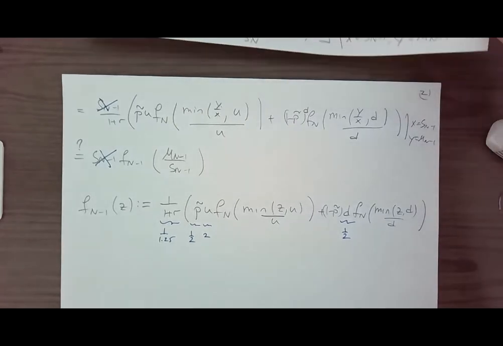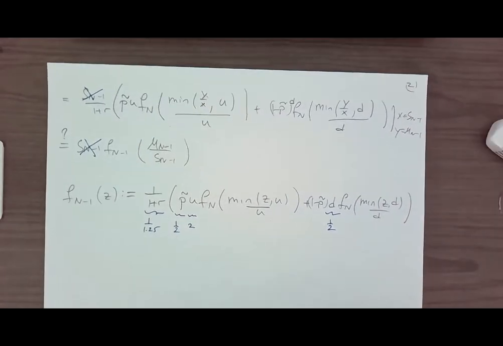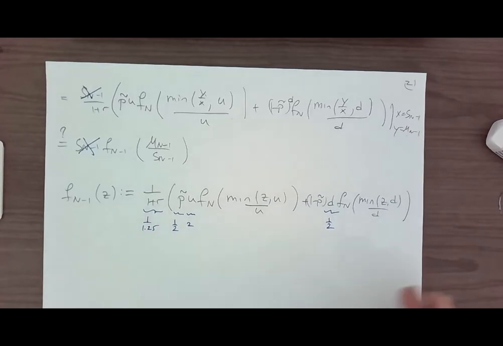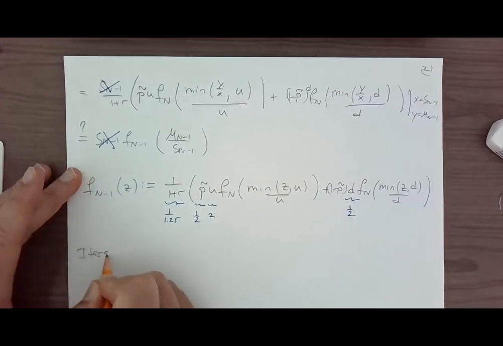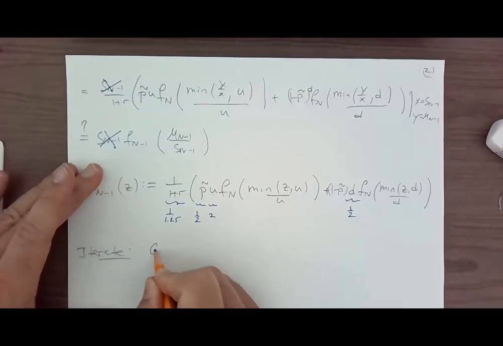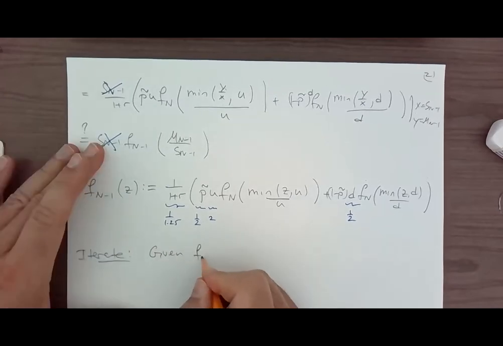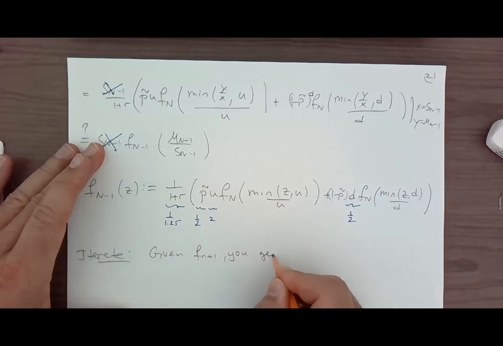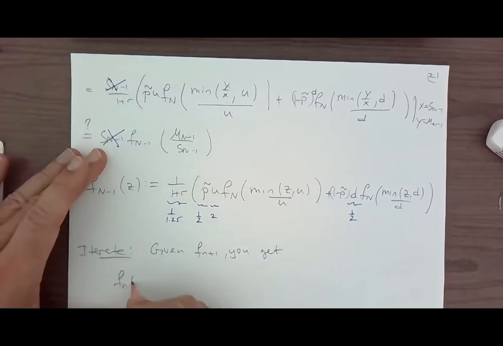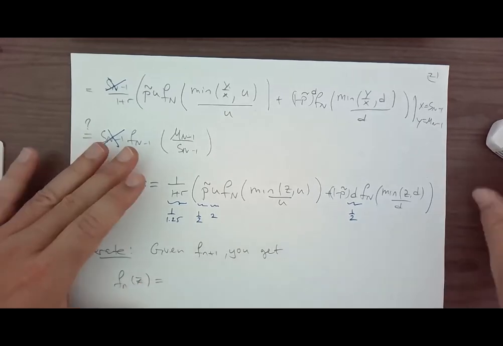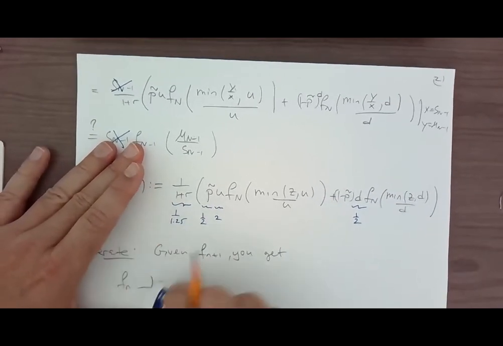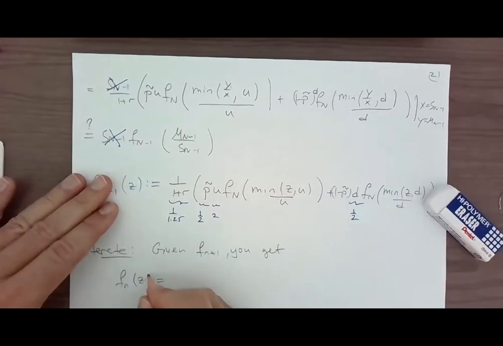Any questions on this? It's a mess, but in the end you get this function. And there's nothing specific about this. This can be iterated. So given Fn plus 1, you'll get Fn of, say, c.